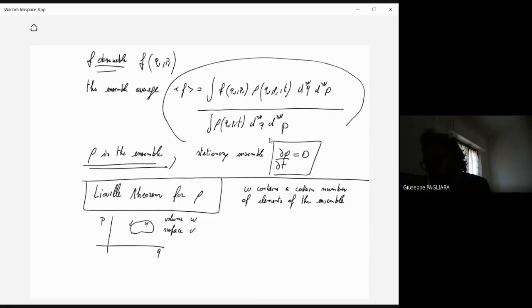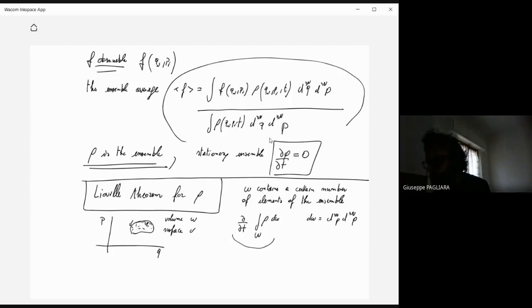And the variation in time of the ensemble points is provided by the following integral. If I take the partial derivative with respect to time of the integral of rho d omega over omega, where d omega is d3np d3nq, this is basically the variation in time of the number of ensemble points that are inside the volume omega.